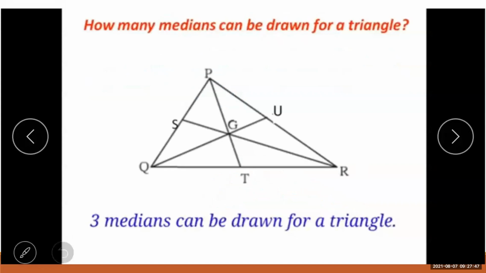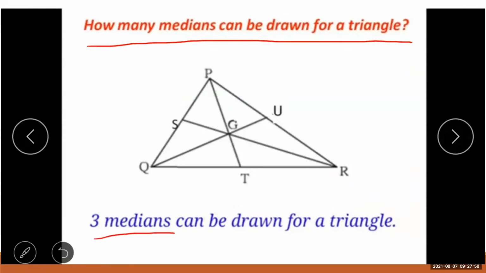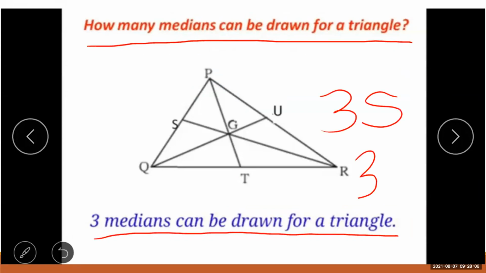Here in the diagram you can see it. How many medians can be drawn for a triangle? Three medians can be drawn for a triangle, as the triangle has 3 sides and 3 vertices.